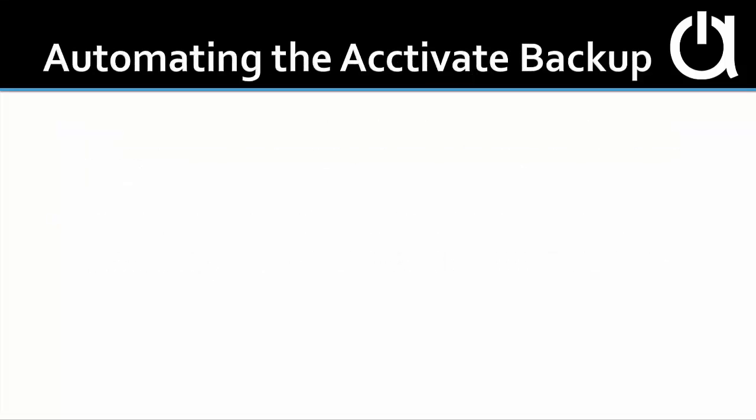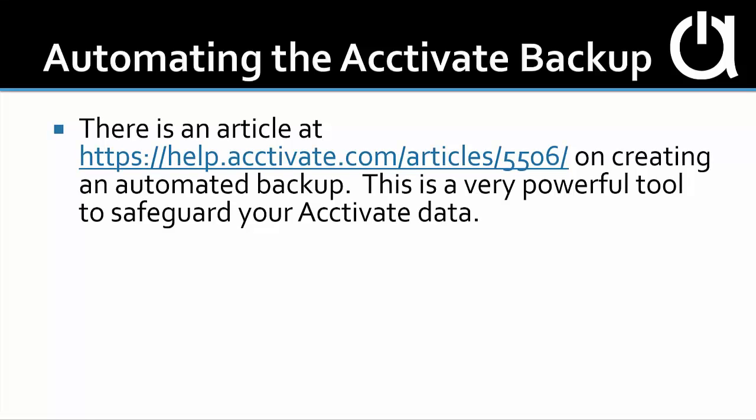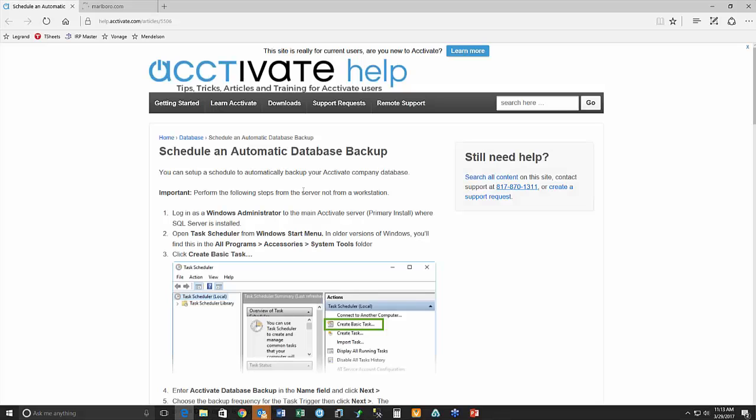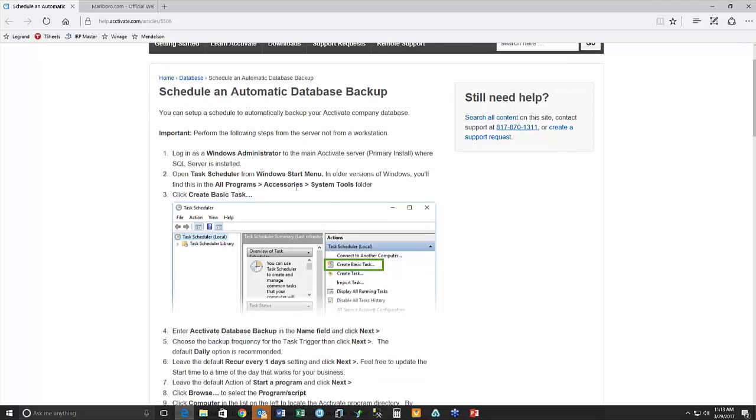So you do have the capability of automating the Acctivate backup using a Windows task. There's a fantastic article on doing this under help.acctivate.com, and it gives you some detailed instructions on using the Windows Task Scheduler.